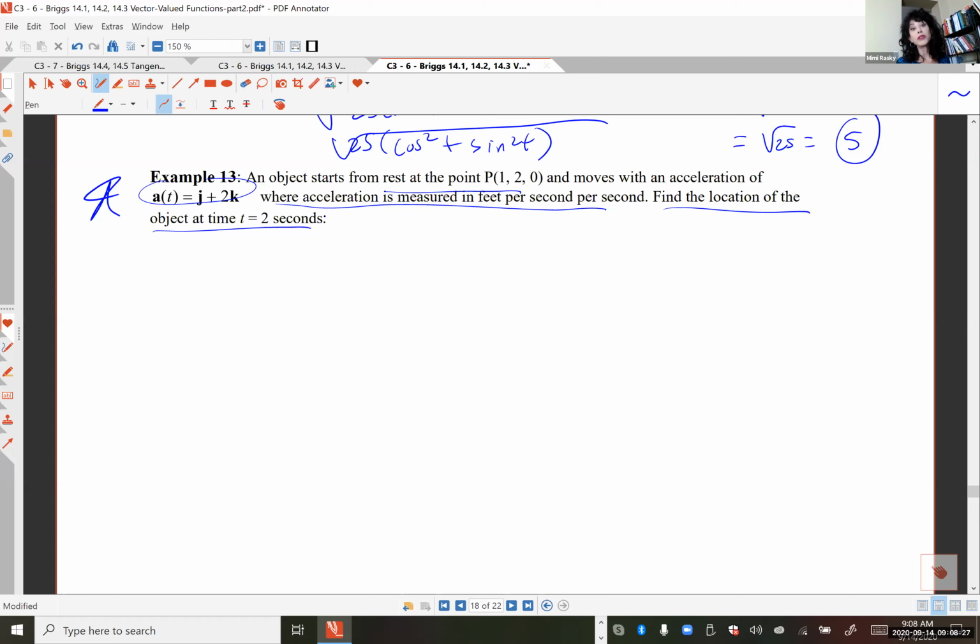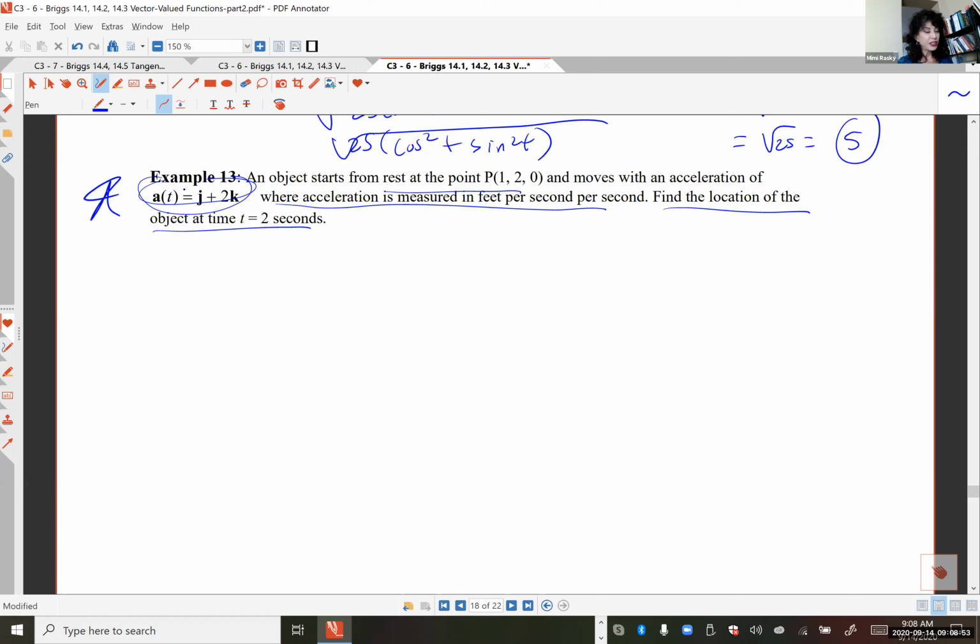This is a multi-step problem. You're not going to get it in 20 seconds. You're going to have to work it. So the strategy is, they gave me acceleration, and in fact they gave me some initial values here too. So I'm going to get velocity, which means I'm going to have to integrate acceleration, and then I'm going to have plus a constant vector.